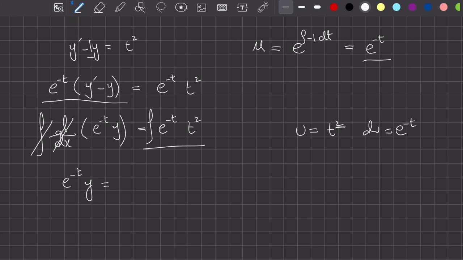Therefore, in this question, we will have to do integration by parts twice, which will result in negative e power negative t times t squared plus 2t plus 2 plus c. Multiply e power t on both sides to yield the answer, y equals negative t squared minus 2t minus 2 plus c times e power t.